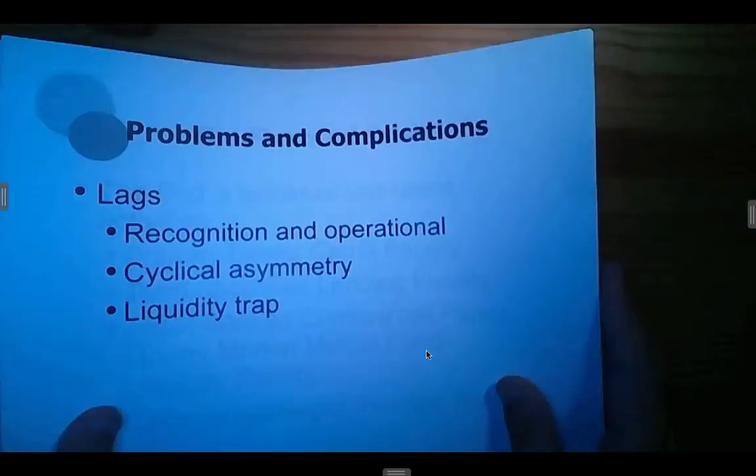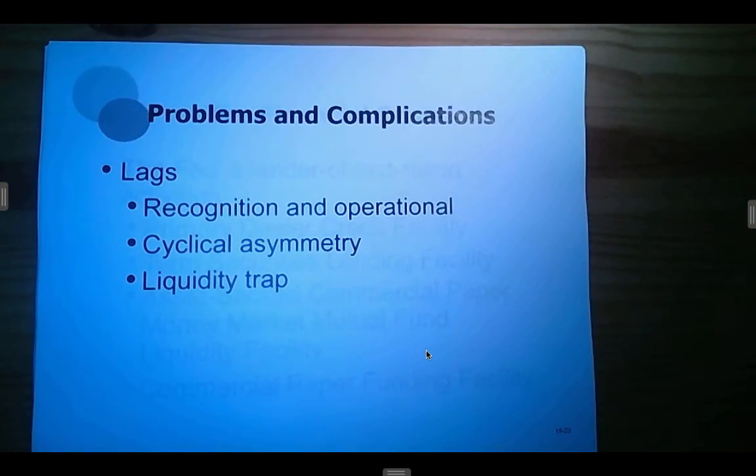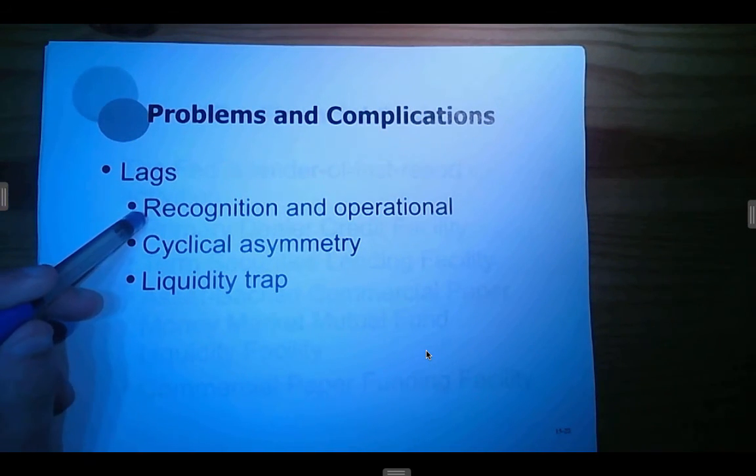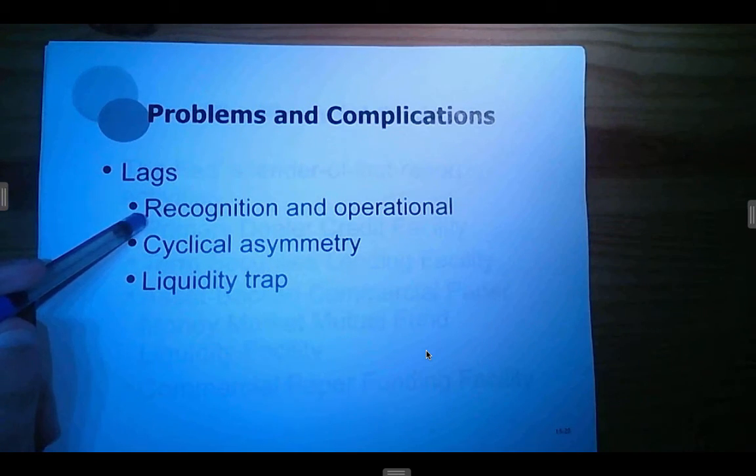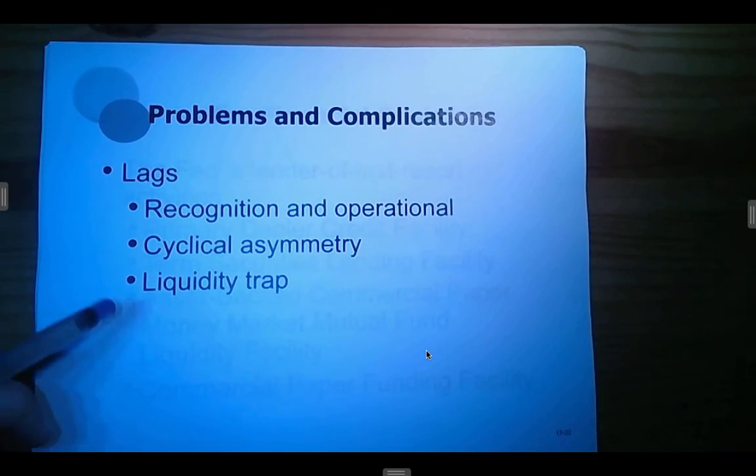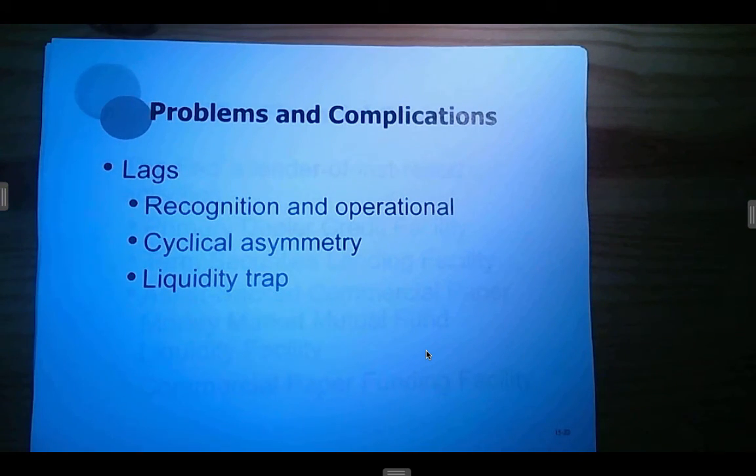Now, monetary policy also does have a few of the same problems that exist in fiscal policy, and that's that it also takes economists some time to find out that there is a recession. So there is a recognition lag. And then also you have these other issues in terms of the cyclical asymmetry, that you can have some different responses to if there's a recession.